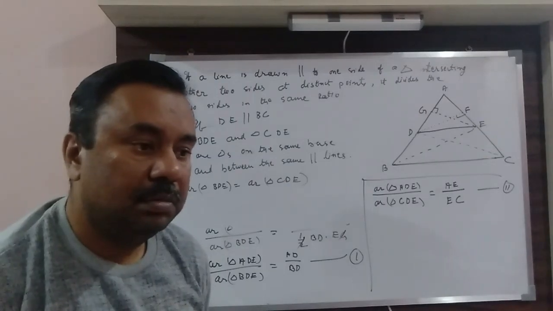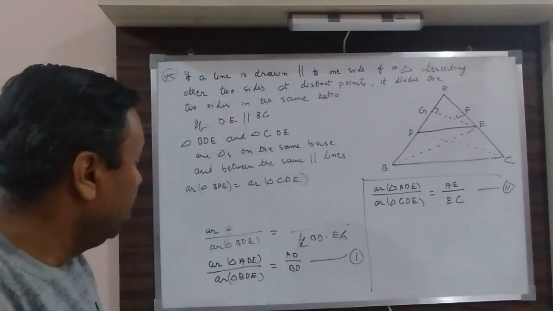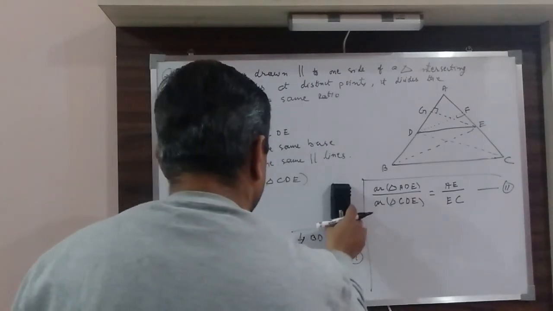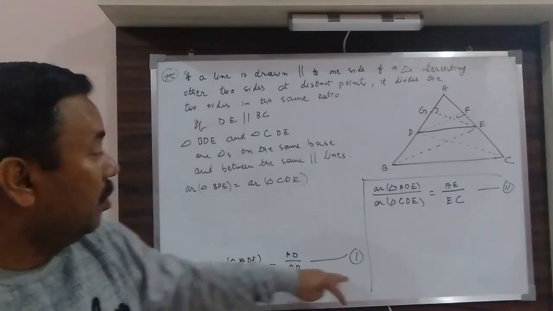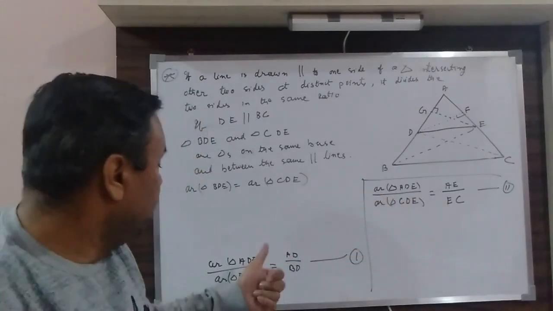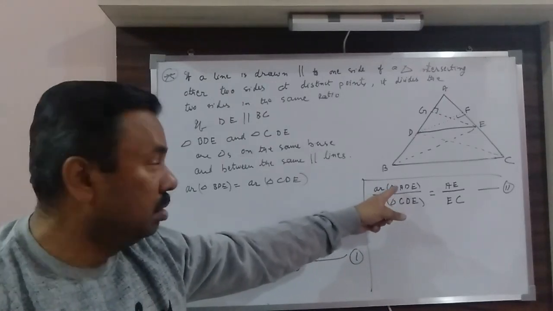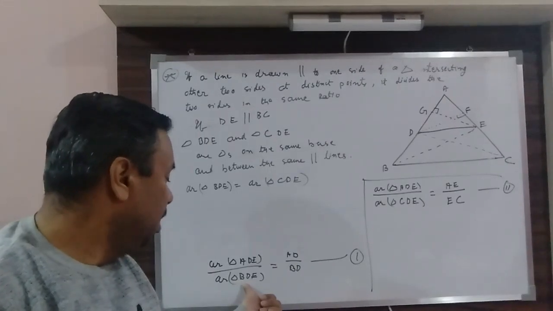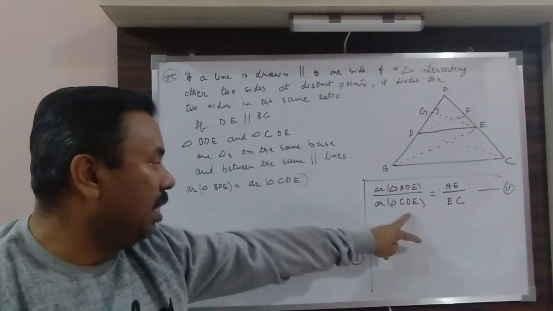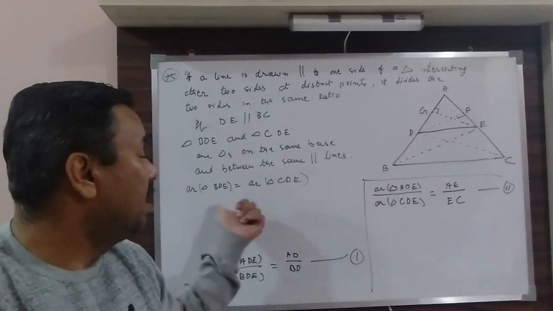Got it? Now if you look at equation 1 and equation 2, in the numerator I have got triangle ADE in both cases. In the denominator, I have got at one place the area of triangle BDE and in the other equation the area of triangle CDE, but both these areas are equal.